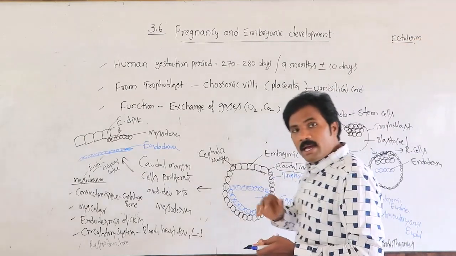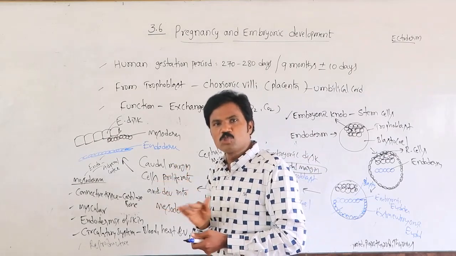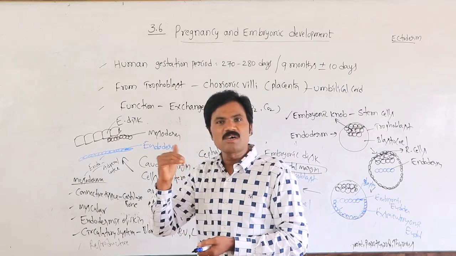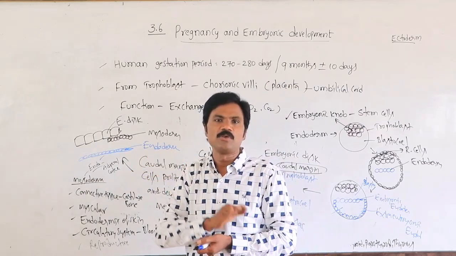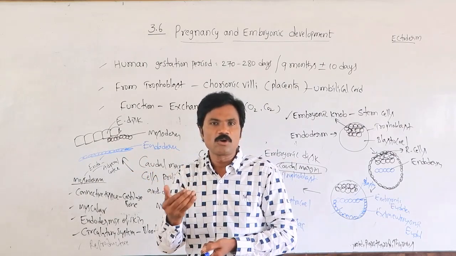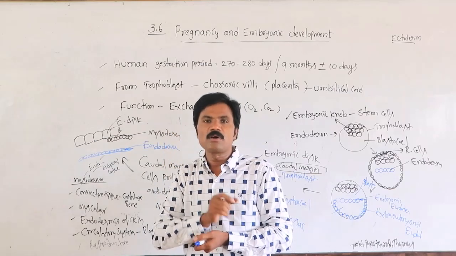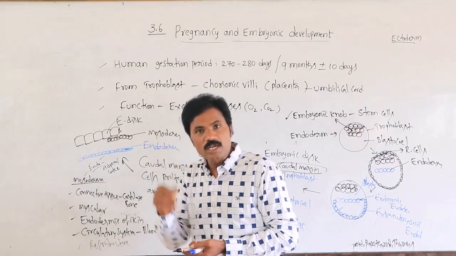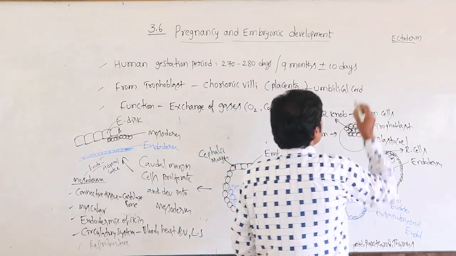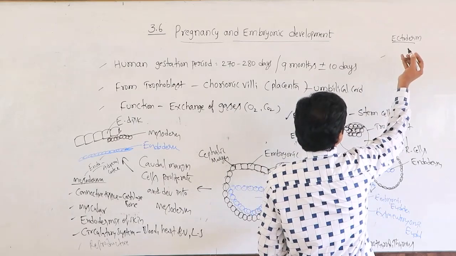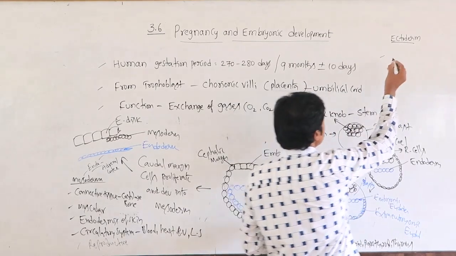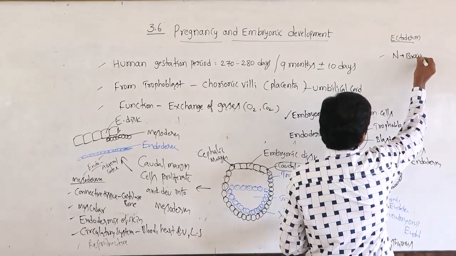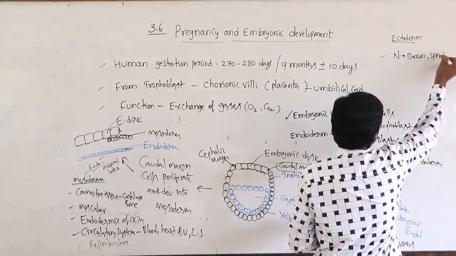Once again, after the formation of mesoderm, the rest of the cells present in the embryonic disc form the ectoderm, like larger columnar epithelium cells. What types of tissues develop from the ectoderm? It forms the nervous system, like the brain and spinal cord.